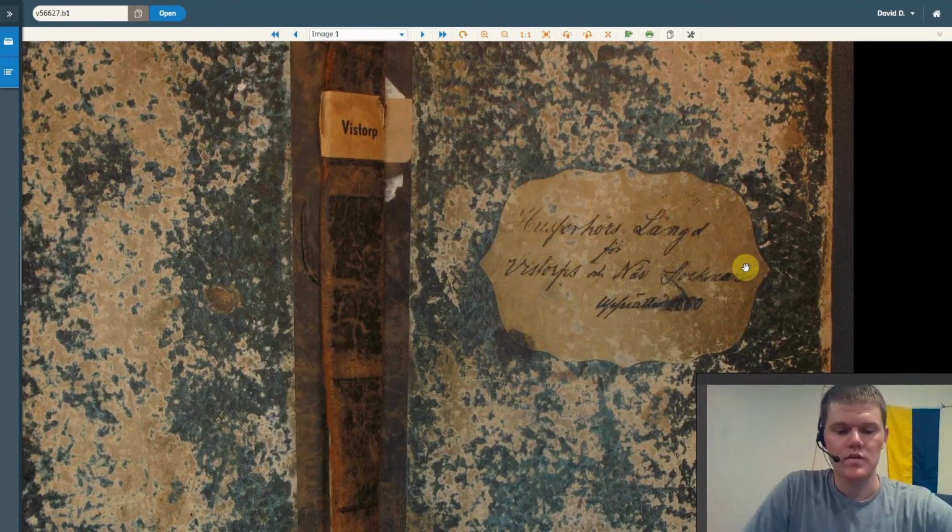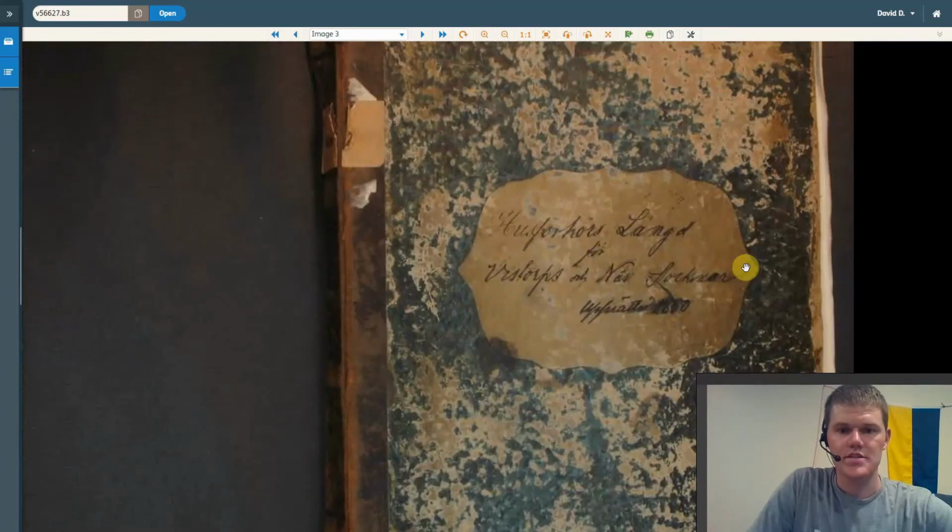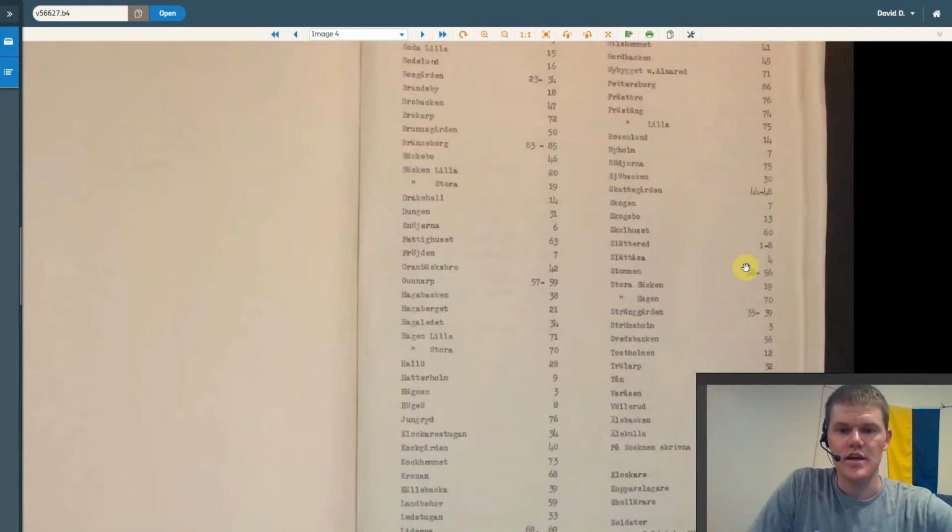And so we're going to go to the index. That is the next step that we do. After we figure out what we know, we figure out where we're going to go next, which in this case is this next book. And then we go to the index. And so that's what we're doing right now.